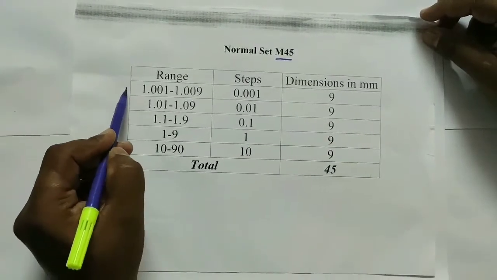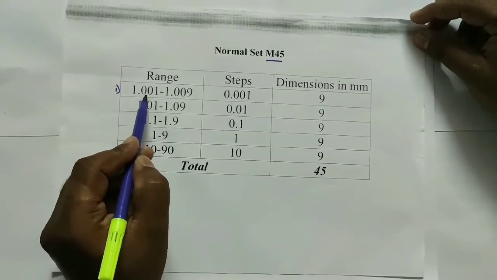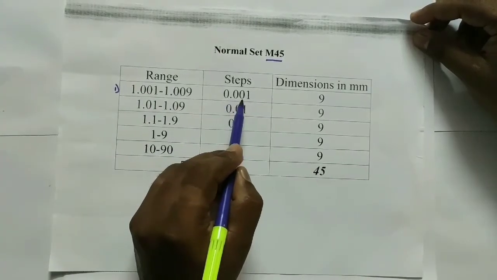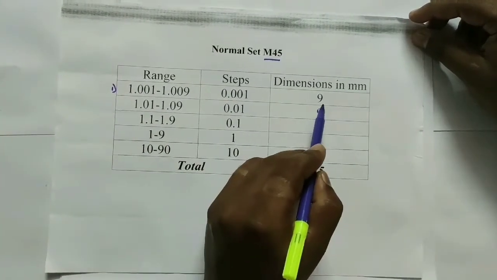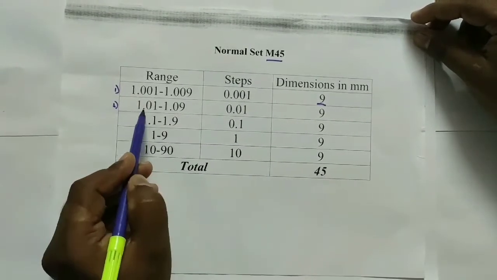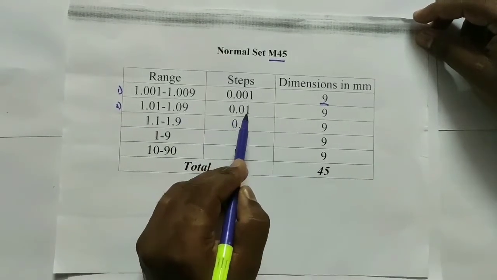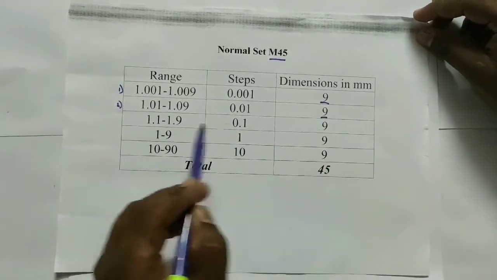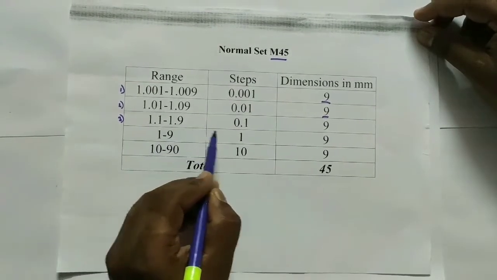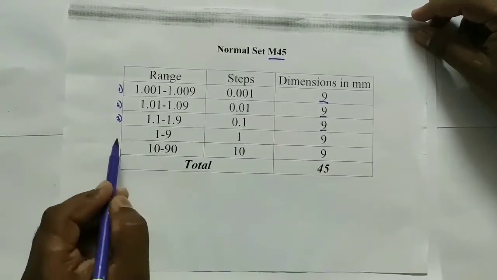The first range is 1.001 to 1.009, in steps of 0.001, and it has 9 slip gauges. Second, 1.01 to 1.09, in steps of 0.01, 9 slip gauges are available. Third, 1.1 to 1.9, in steps of 0.1, 9 slip gauges are available.